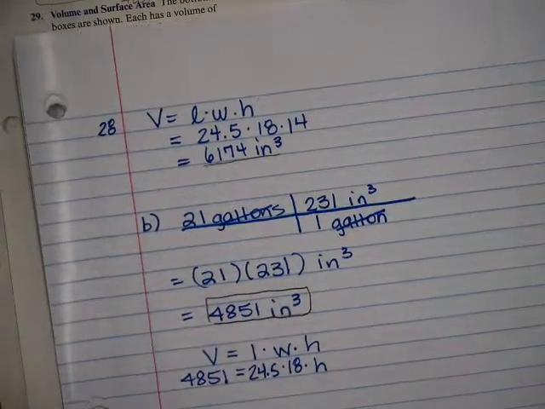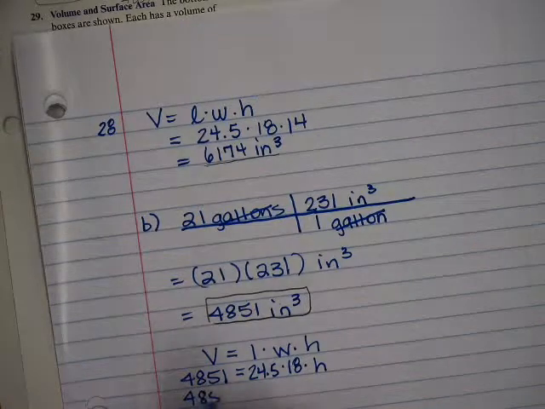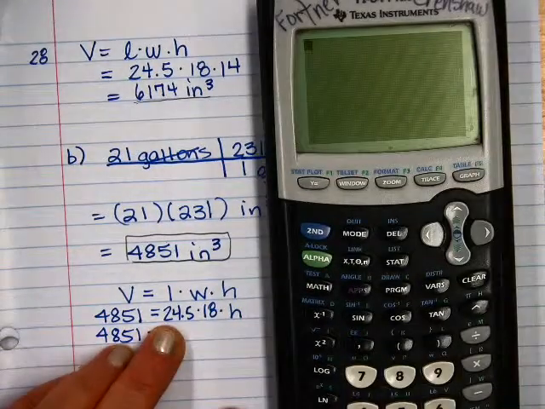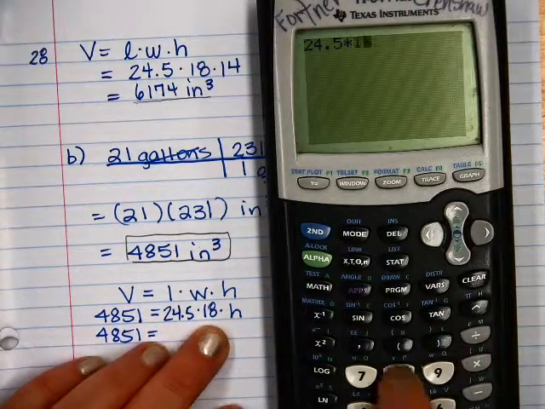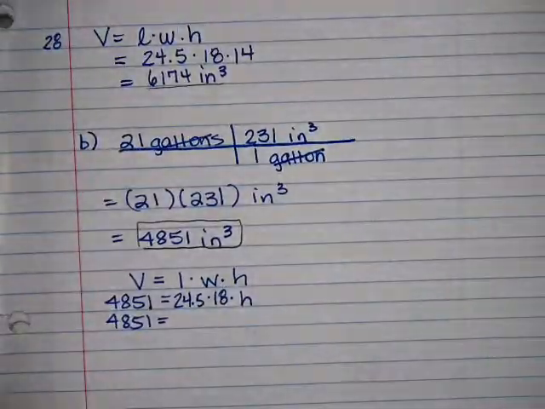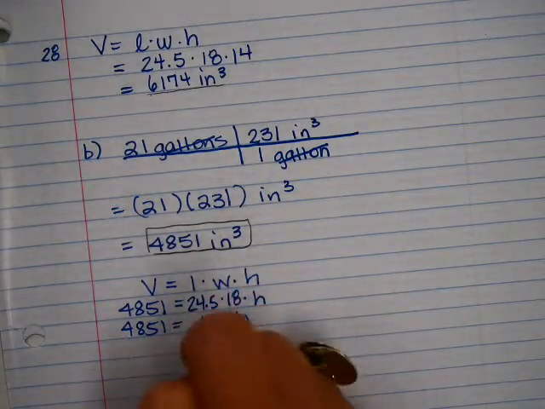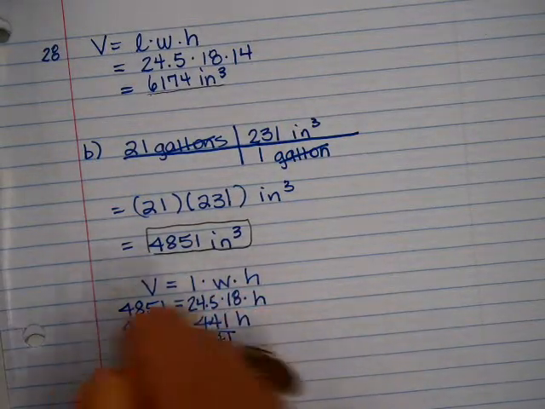So my answer will be 4,851. Let me clear this. 24.5 times 18 is 441 H, and now I'm just going to divide by 441 on both sides.